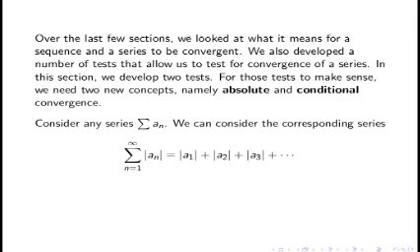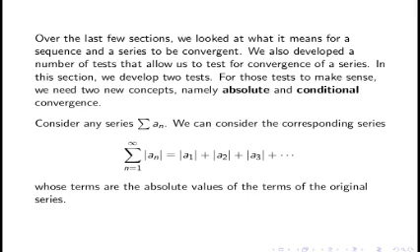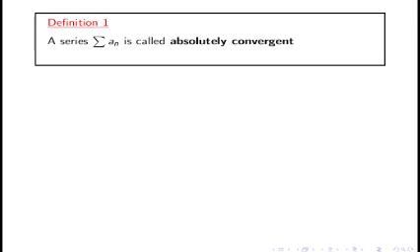So the original series is the sum from 1 to infinity of a_n, and this new series that we're going to look at in this section is the sum from 1 to infinity of the absolute value of each a_n. Right? And these are the absolute values of the terms of the original series. And we'll see that by looking at this particular series, we can get an additional test for convergence of a series.